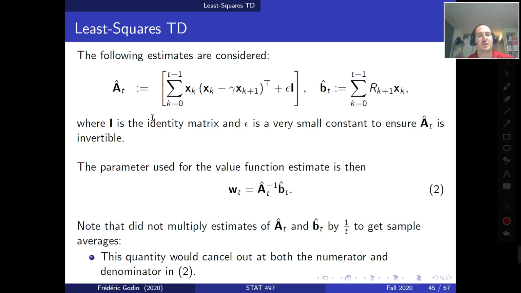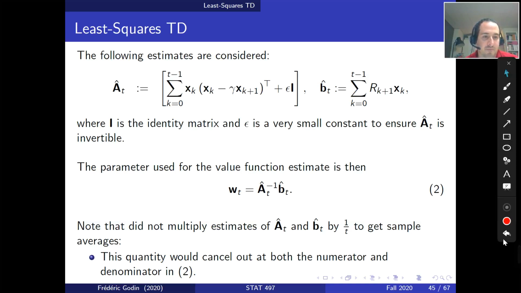Recall that we said the feature space is d-dimensional. If d is quite large, let's say d is equal to 20, then matrix A would be 20 by 20, and inverting that might be quite inconvenient. If d is 100, then inverting a 100 by 100 matrix is not very fun.